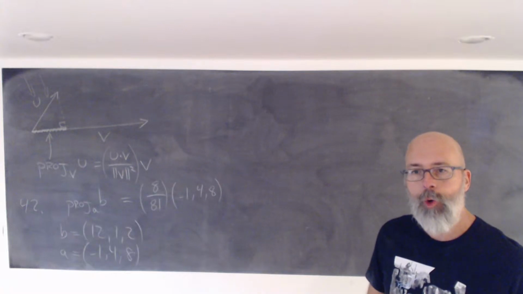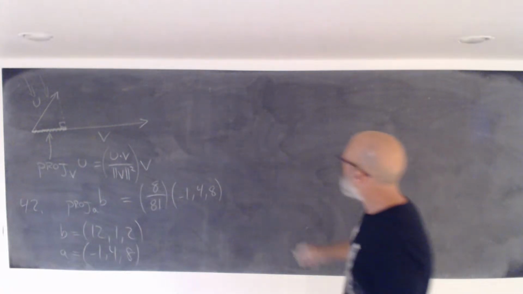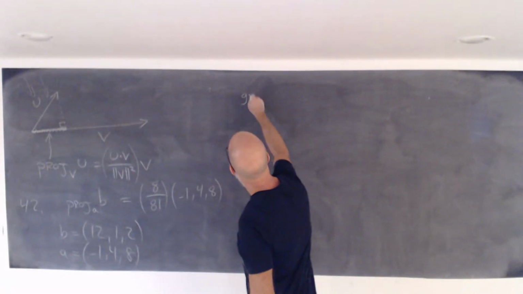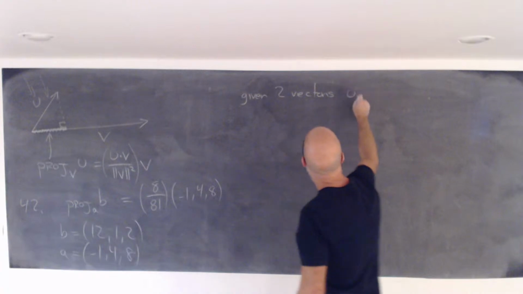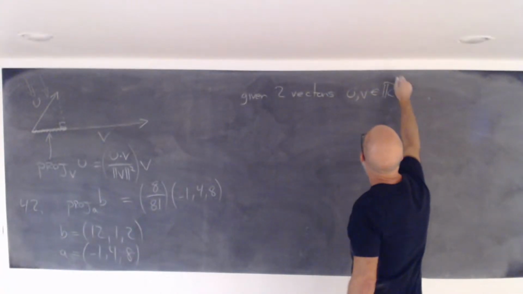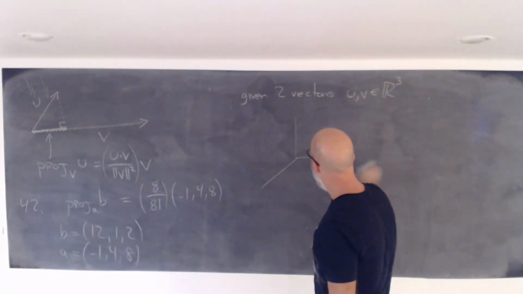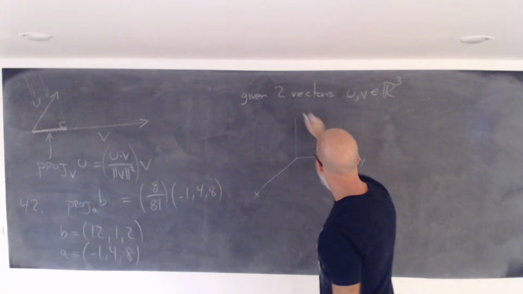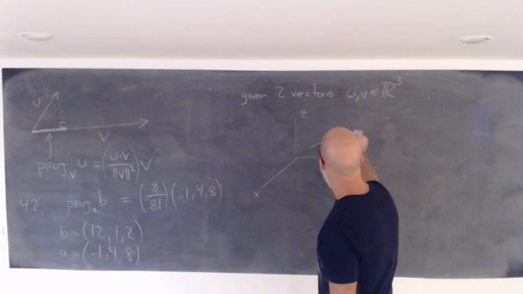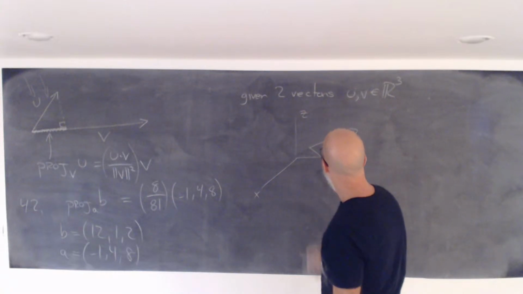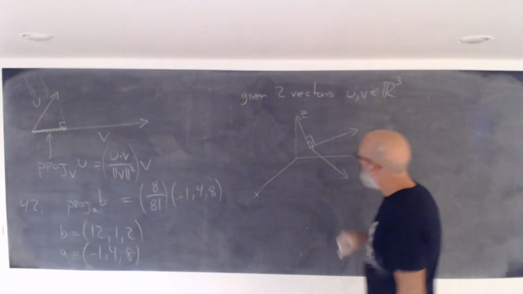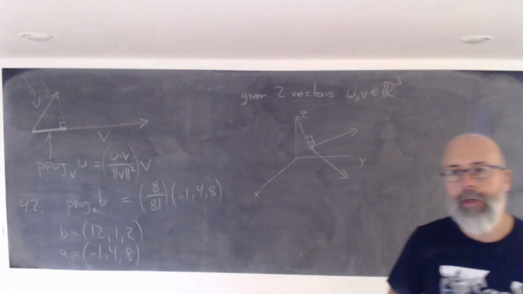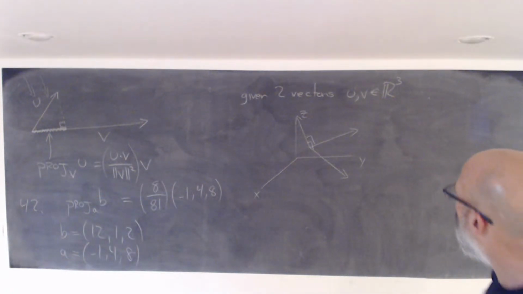Moving on to the cross product. Given two vectors in R3, if you're in R3 and you're given two vectors, then there exists essentially a unique one which is perpendicular to both.